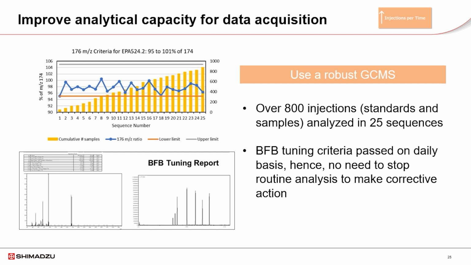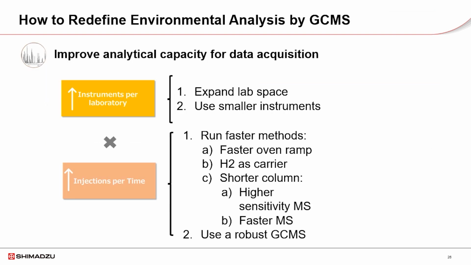The two main ways to improve analytical capacity for data acquisition are, first, increasing the number of instruments in your lab, either by expanding your lab space or using smaller instruments. The second option is to increase the number of samples you can run in a specific time.